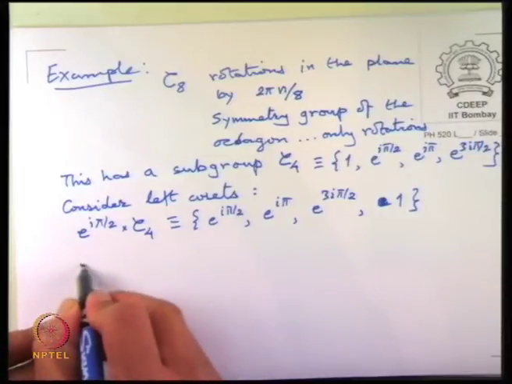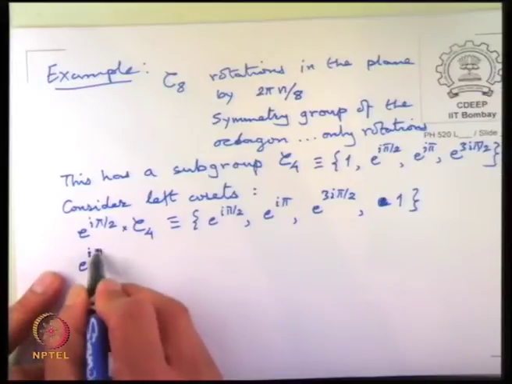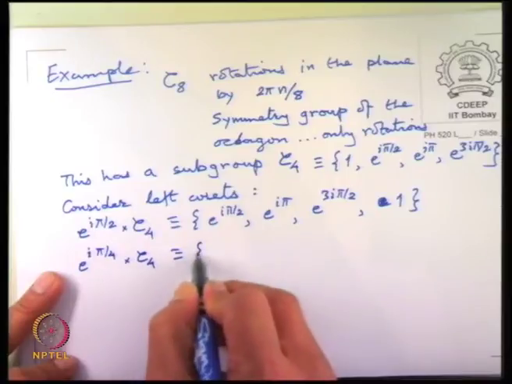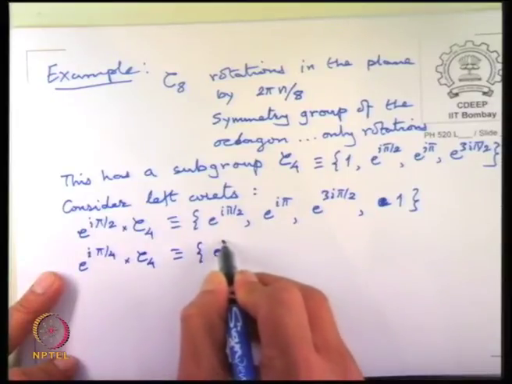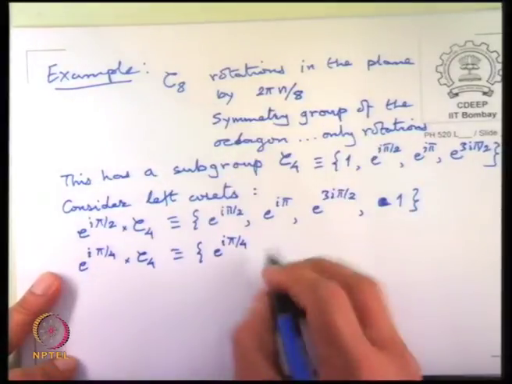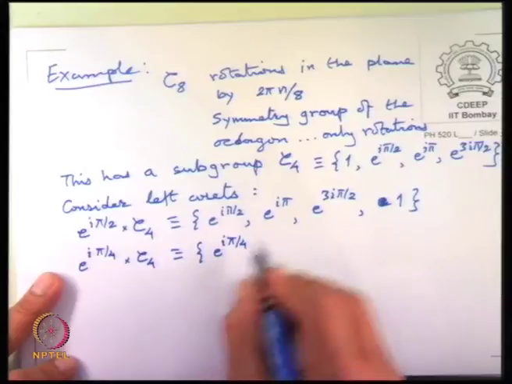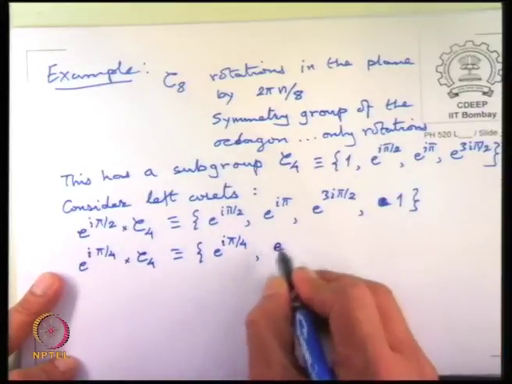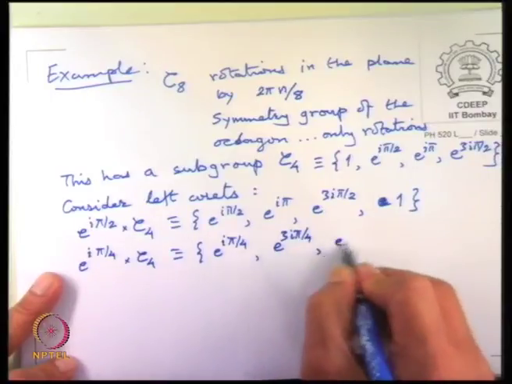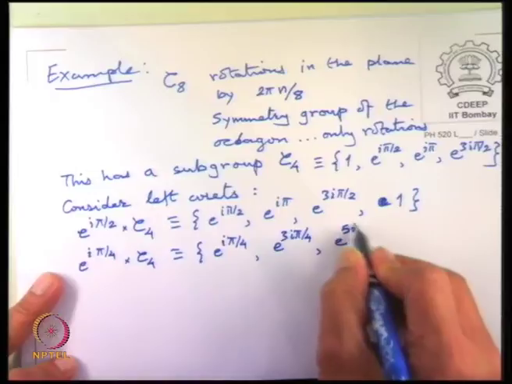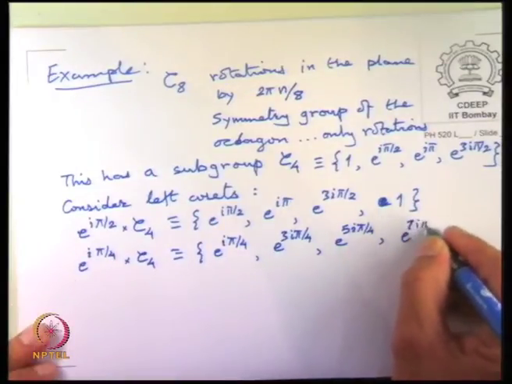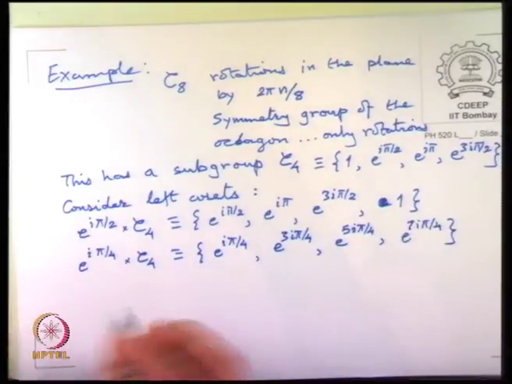So if I have e raised to i pi by 4 times C4, then I get something else. I get e raised to i pi by 4, that is 2 i pi by 8 of course, but now I will just get e raised to 3 i pi by 4, e raised to 5 i pi by 4, and so on.